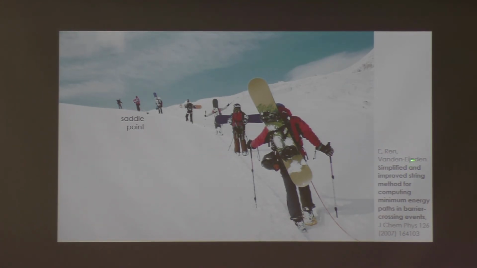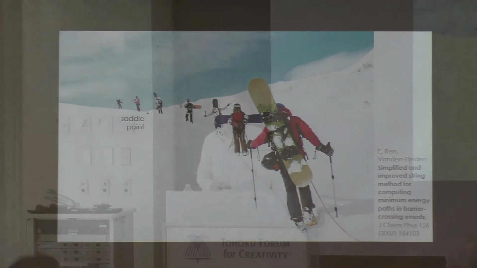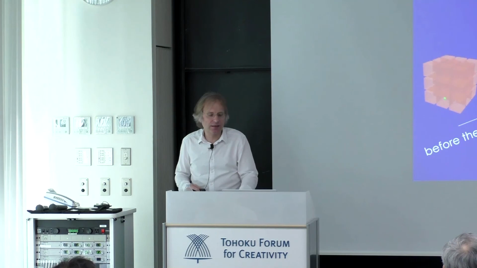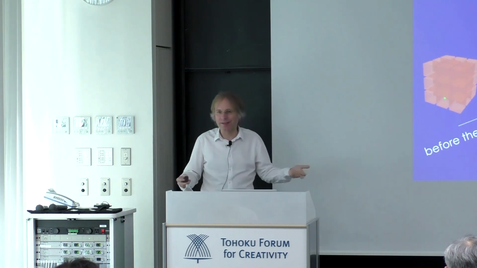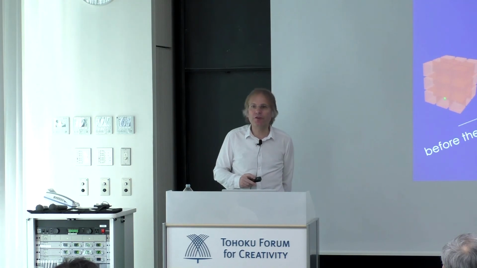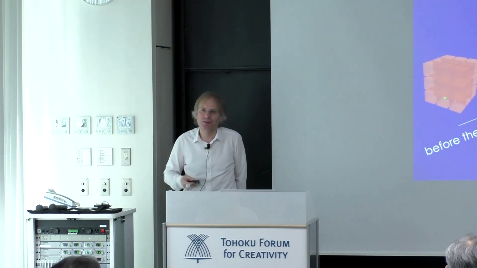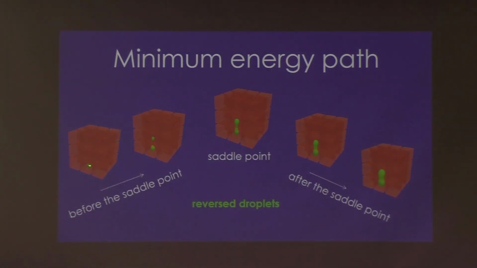By this method, we get the so-called minimum energy path, and this minimum energy path tells us what's going on from a minimum towards the saddle point, and then how reversal will happen. So we will see how reverse domains form and expand in the magnet. If we do so for our hard-soft composite magnet, we will see that we form a reversed droplet of magnetization, maybe in a soft magnetic inclusion.